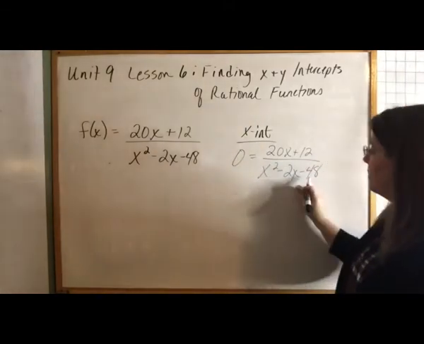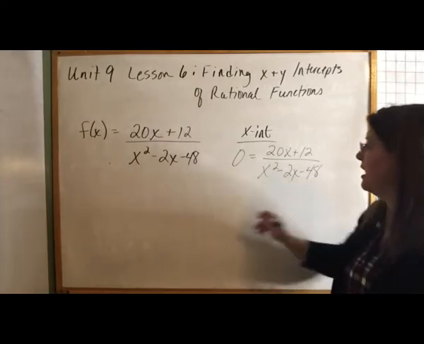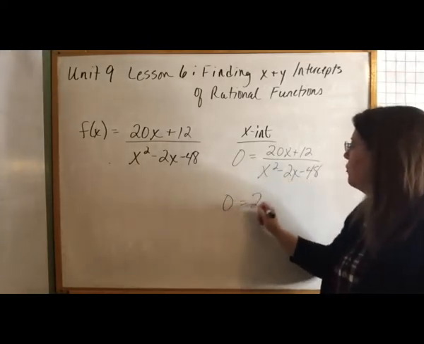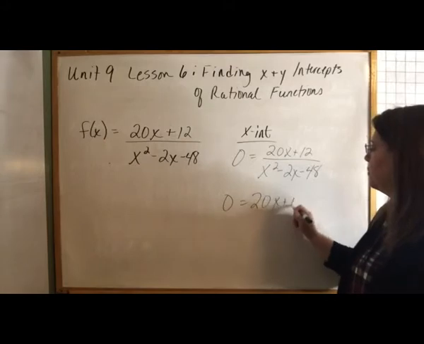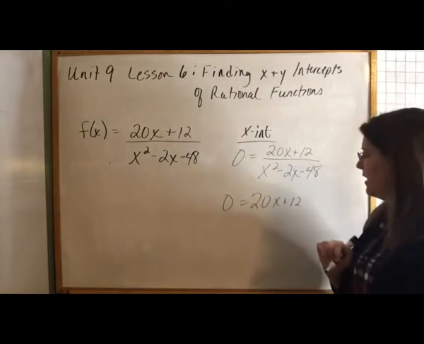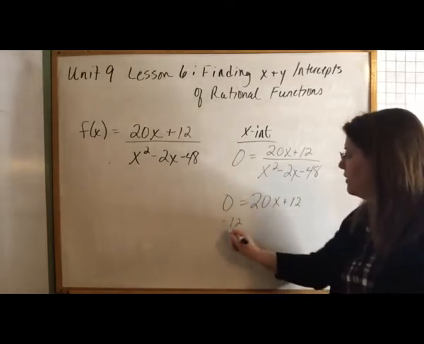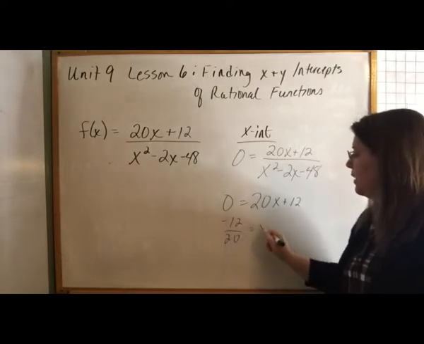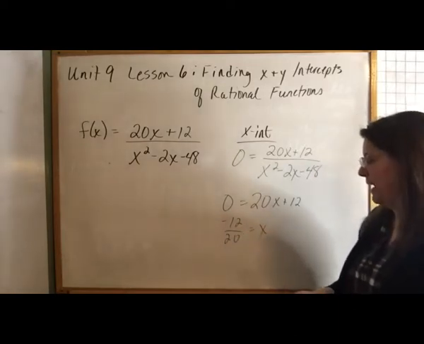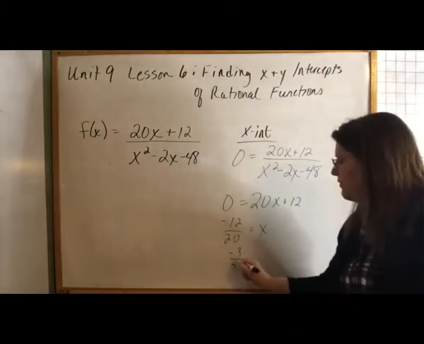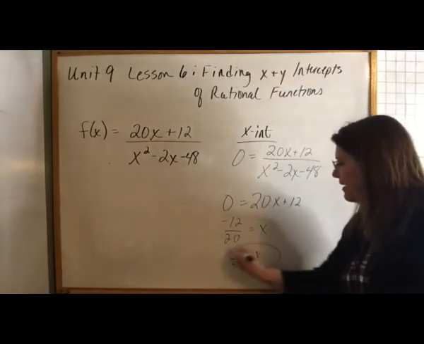So if I multiply both sides by the denominator, I then have 0 equals 20x plus 12. And then I'm going to solve that. So negative 12 divided by 20 would equal x, and then I just have to simplify. That would be negative 3/5 for my x-intercept.